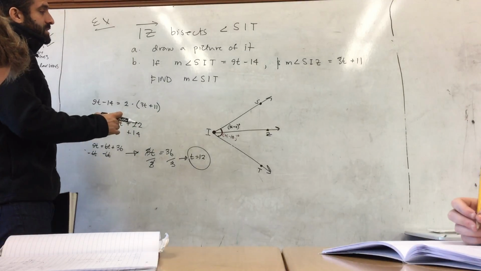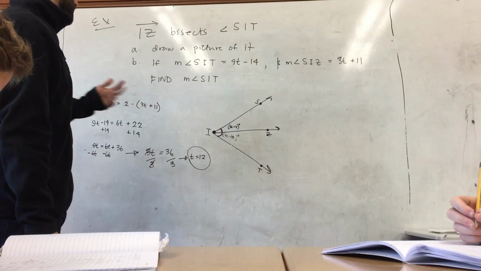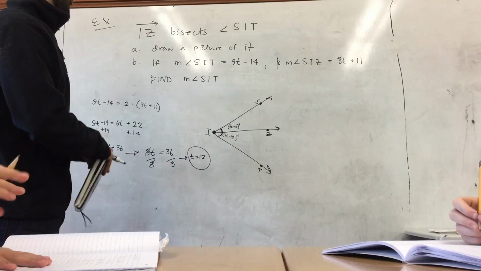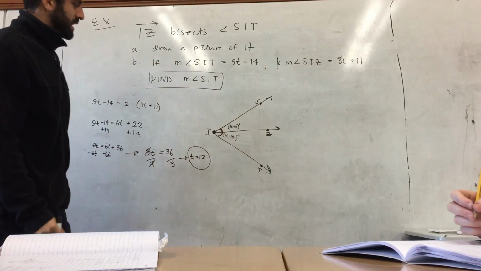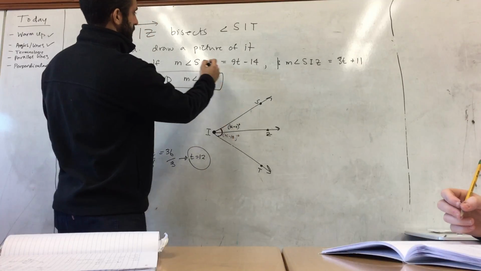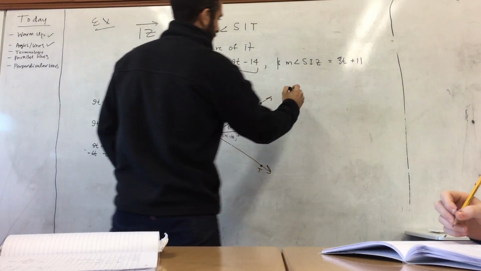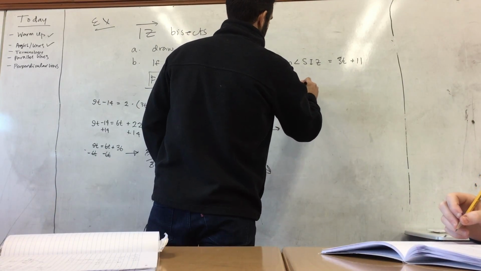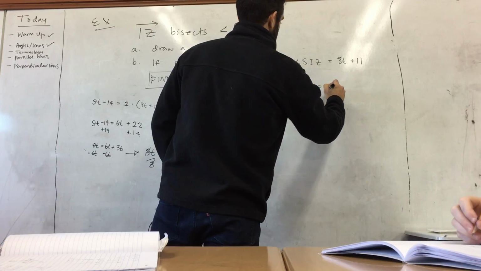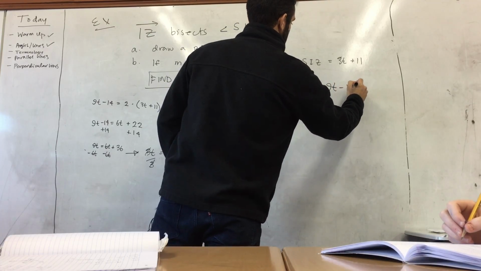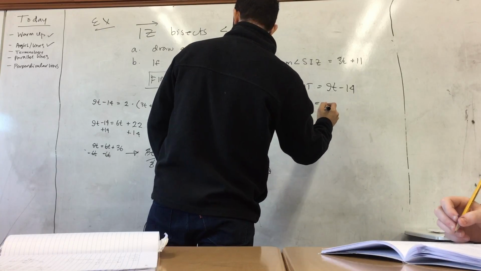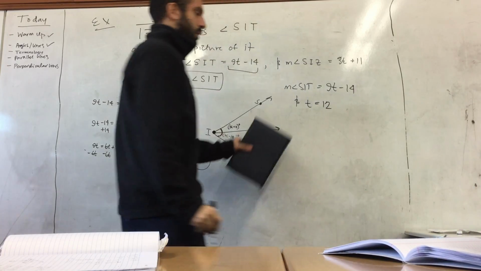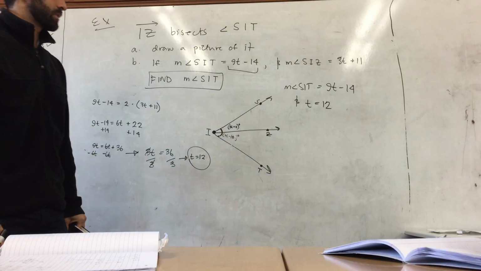But we've gone through the necessary steps required to solve this. It said find the measure of SIT. Measure of angle SIT equals 9t minus 14, and we just figured out that t equals 12. So go ahead and plug it in and tell me what the angle is equal to.